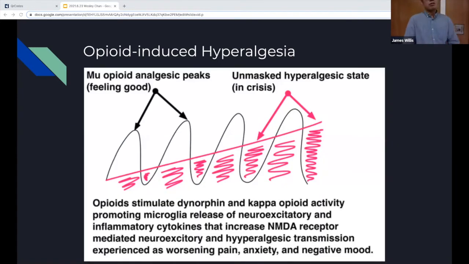From what this graph is showing for opioid-induced hyperalgesia, some of these people are becoming desensitized to opioids, so as they keep using opioids, the pain intensity increases, but they're not really having great pain control. So just be aware of this concept as you're prescribing opioids to your patient population.